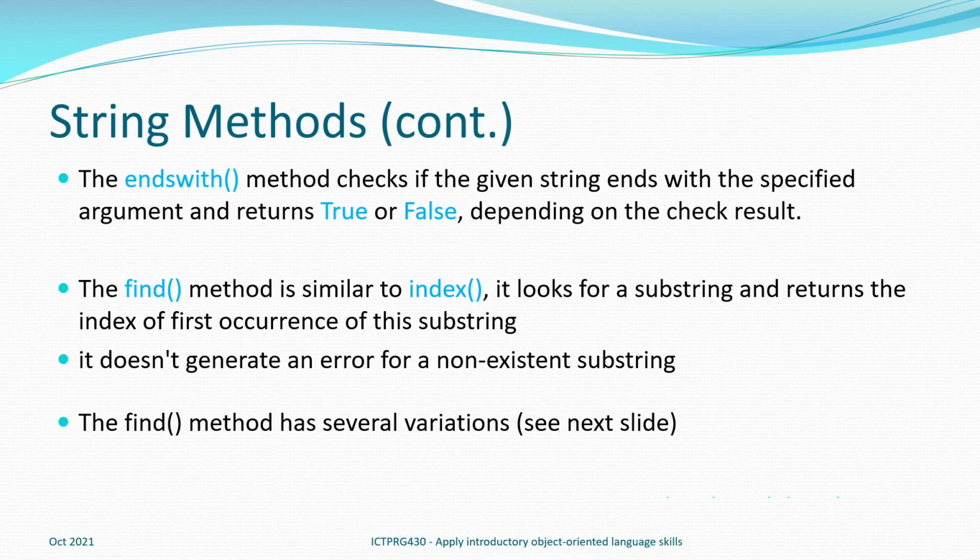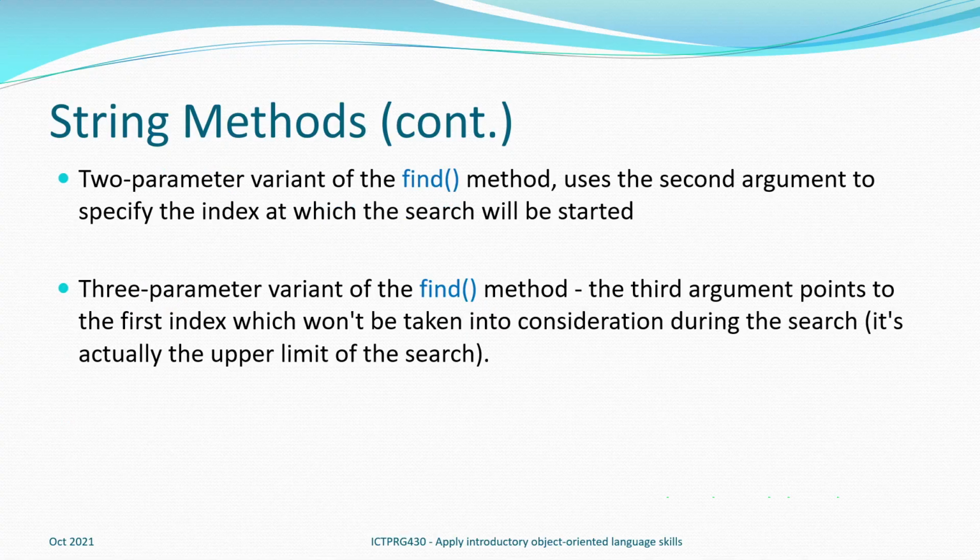The find method is similar to the index in that it looks for a string and returns where it finds it. So it can be looking for a single character or multiple characters, but they've got to be in the exact same order and the same case. Now we can modify that by adding our lovely arguments to the index.